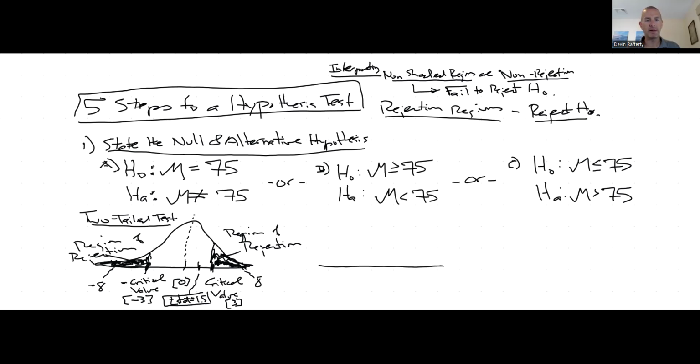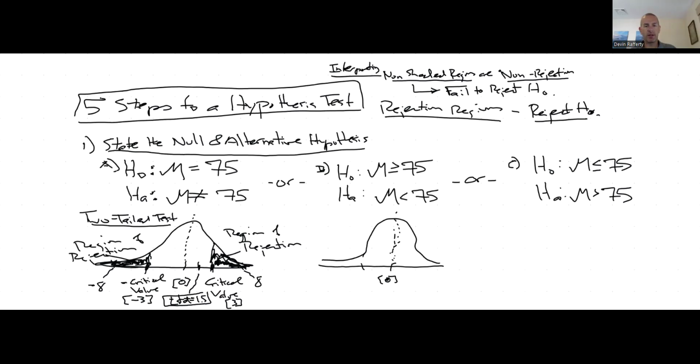Case B only has one region of rejection. Okay, 0 is back in the middle here. And case B only has one region of rejection, and it's over here.